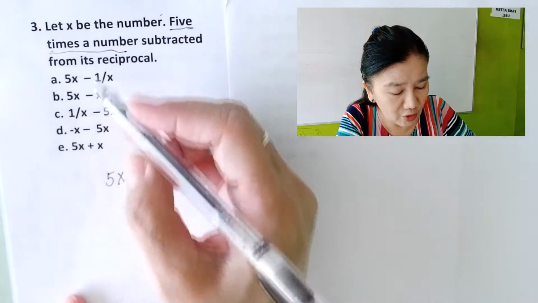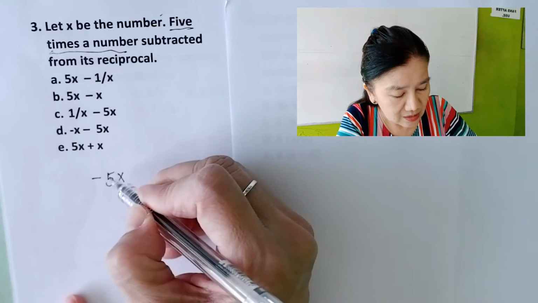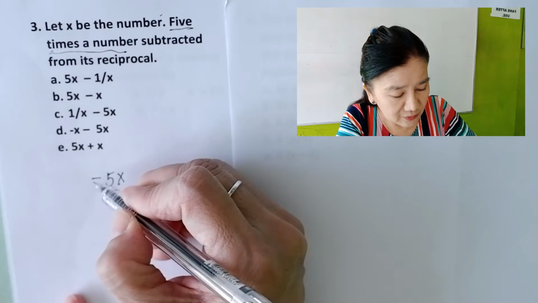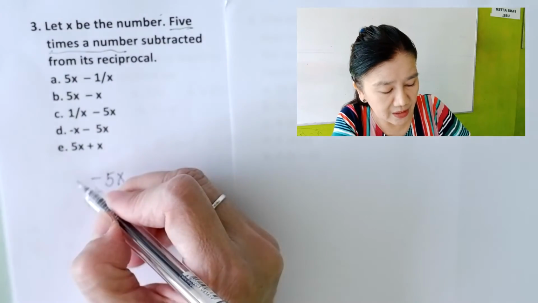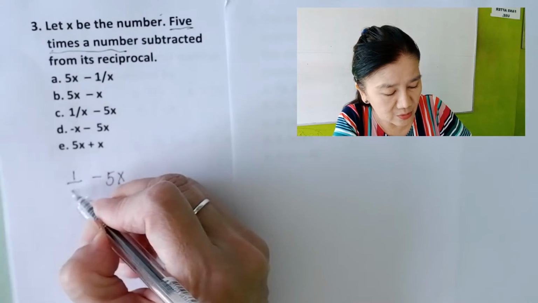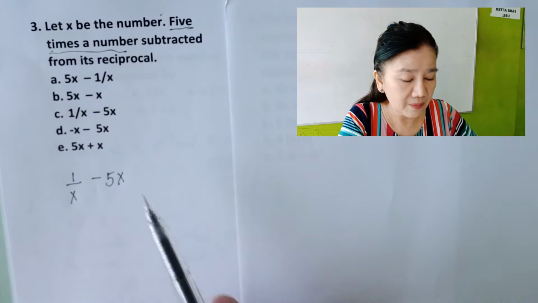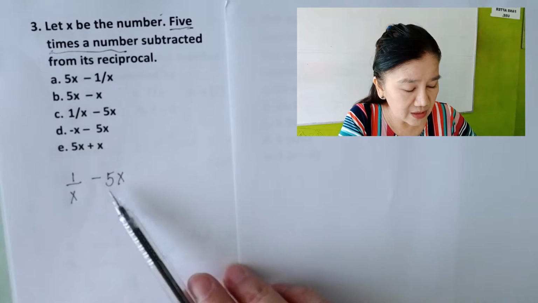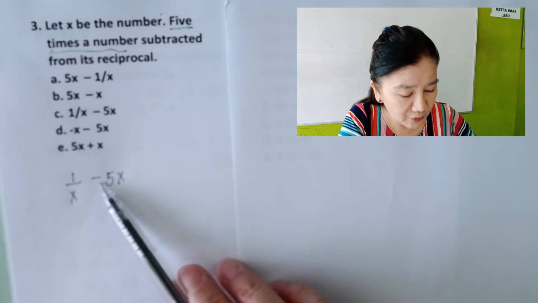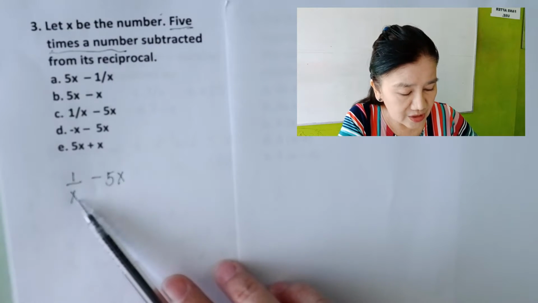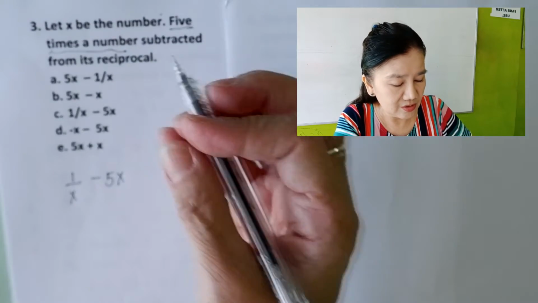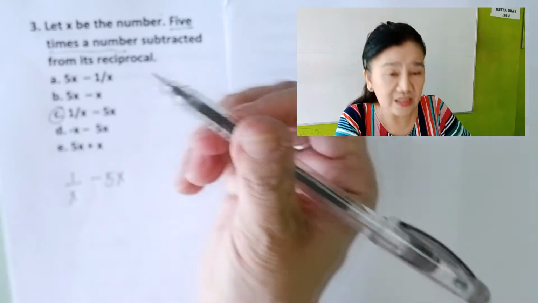When you say from, this is 5x subtracted from the reciprocal of x. The reciprocal of x is 1 over x. Repeat, 5 times a number x subtracted from its reciprocal, 1 over x. So the correct answer is letter C.